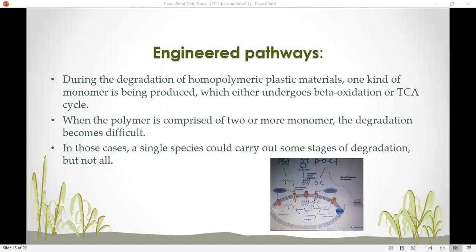Additionally, a European group has reported during PET degradation that they synthesized an enzyme which hydrolyzes the polymer to yield terephthalate and ethylene glycol as the two principal monomers. That is the first step of the biodegradation of the engineered pathway.